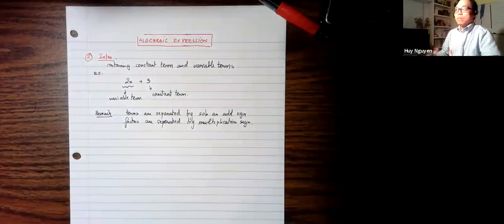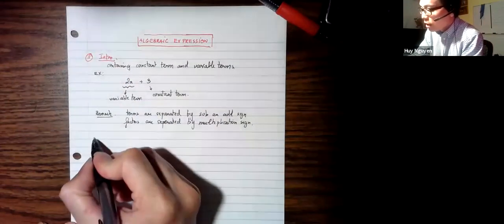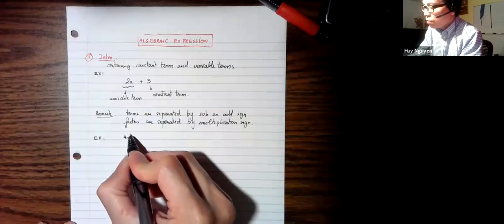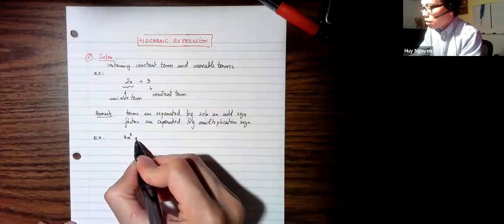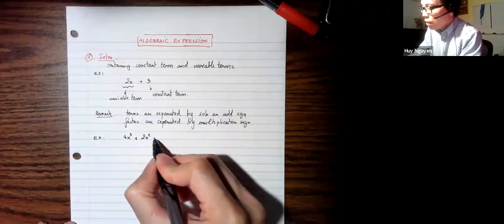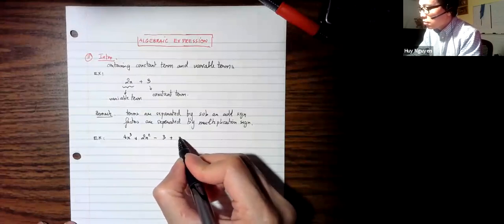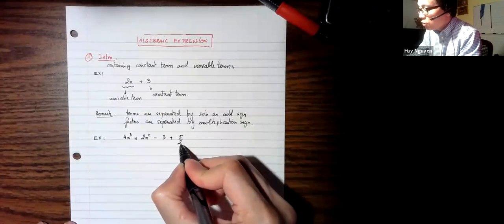I can have a more complicated algebraic expression. For example, I have 4x to the third power plus 2x squared minus 3 plus 5 over 2x.